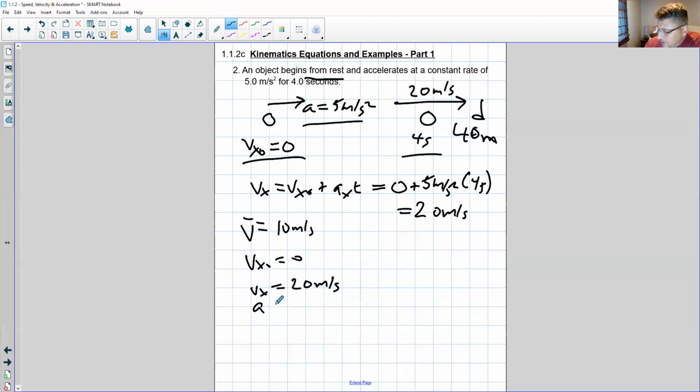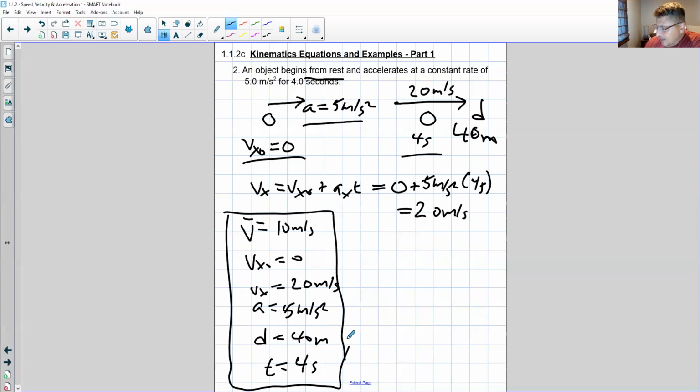The acceleration was given, 5 meter per second squared. The distance traveled, 40 meters. And the time was given, and that is 4 seconds. So again, note there's only 6 things that we can find as part of a 1D kinematics problem. Once we understand that, the game really becomes how do you find them, or how do you find the ones that you're looking for, right?